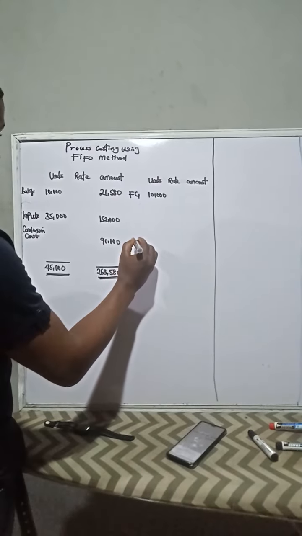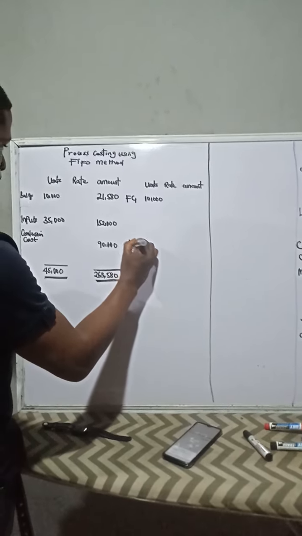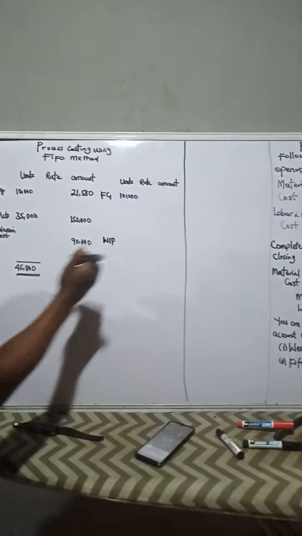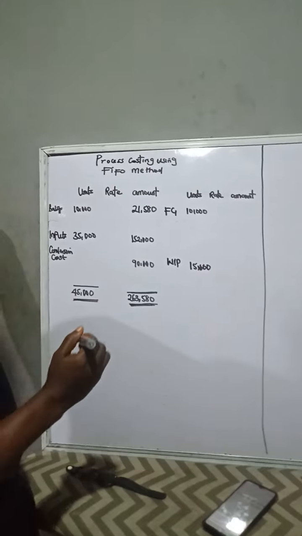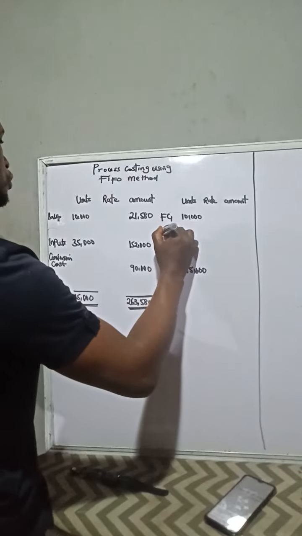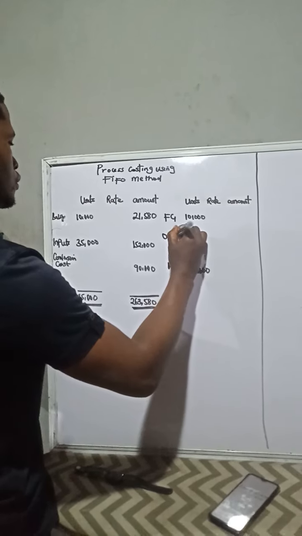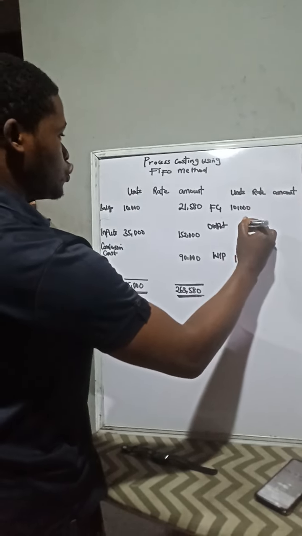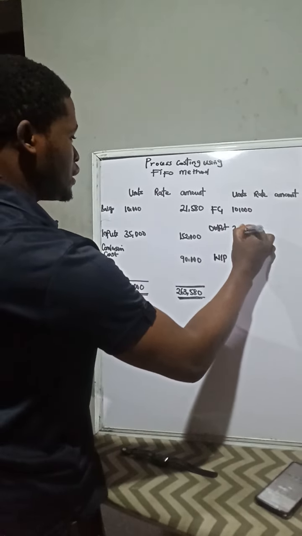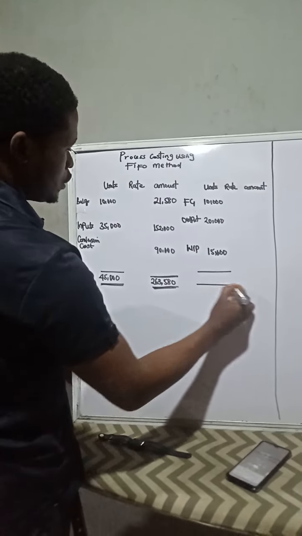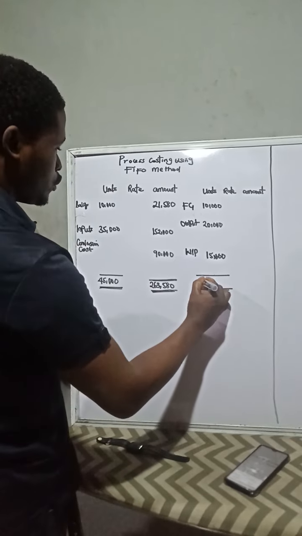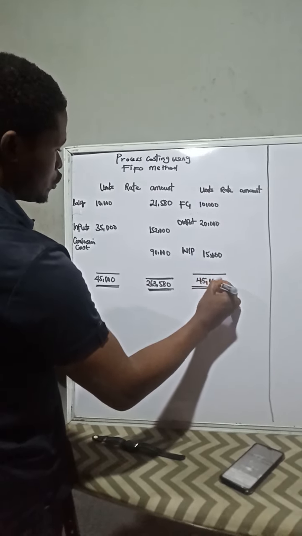The next thing, our closing work in progress, is given as 15,000 units. So this one will remain the way it is, 15,000 units. Now what's our output? Our output will now be 20,000 units. So by the time you sum it together, it will give us 45,000 units.